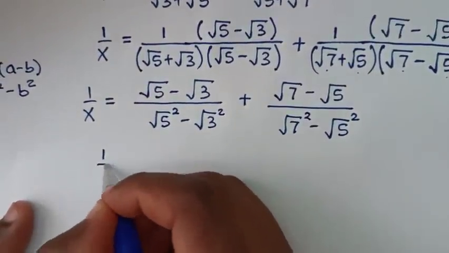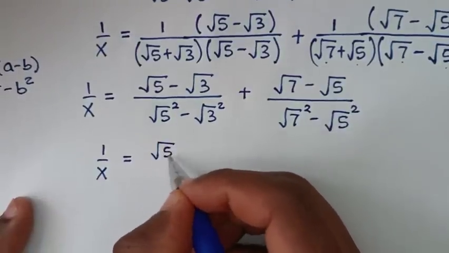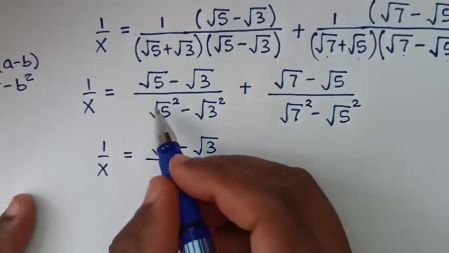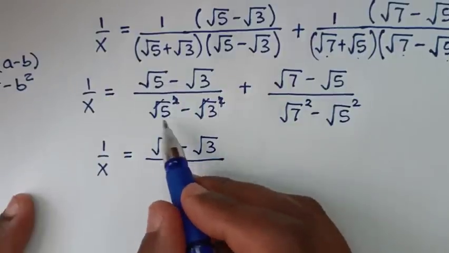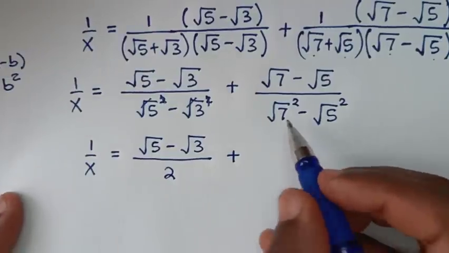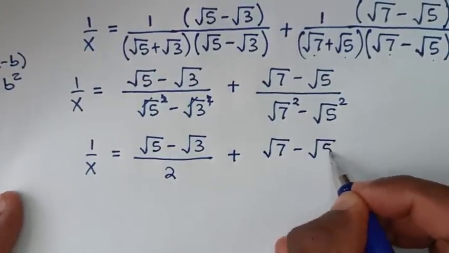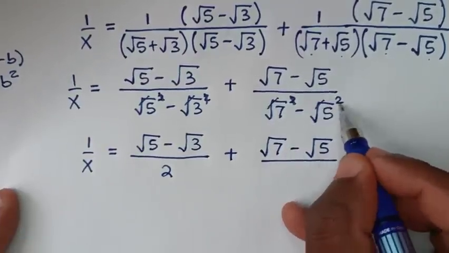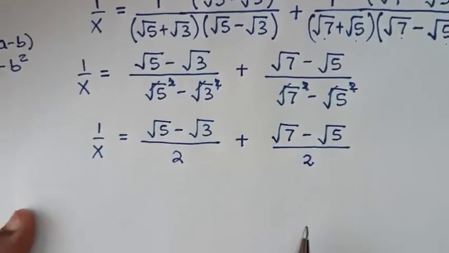Then it will be 1 over x is equal to square root of 5 minus square root of 3 over, here the square root will cancel the square, so it will be 5 minus 3, it is 2. Then plus, also in the numerator it will be square root of 7 minus square root of 5 over, the square root cancels the square, so it will be 7 minus 5, it is 2.